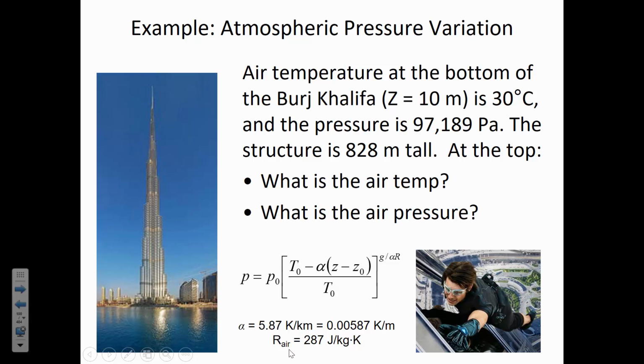And then the R value, the gas law constant for air in terms of joules per kilogram Kelvin, that you'll need it to be in if you're inputting the temperatures in Kelvin and all the other standard units in the SI system. So, all right, I'm going to pause the recording, give you some time to calculate these two things, the air temperature at the top and also the pressure aloft.